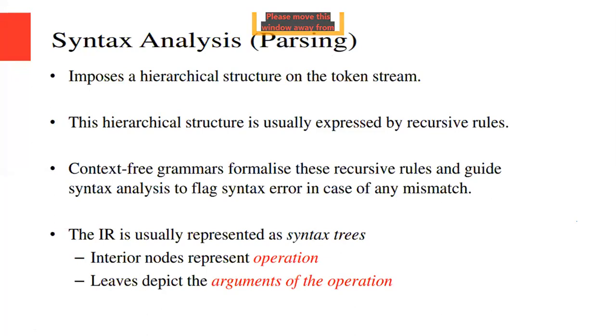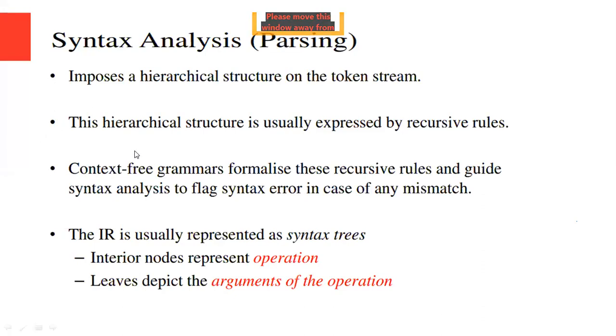We can get this type of string from a context free grammar. Based on the context free grammar, to generate this type of string we are using context free grammars. Those context free grammars are used for the construction of a parse tree or syntax tree.